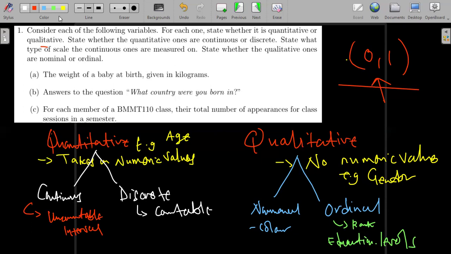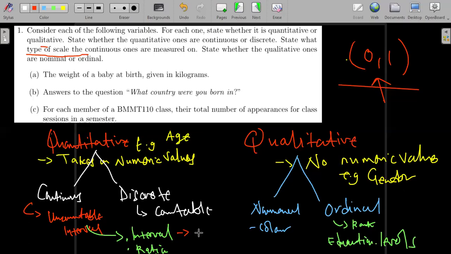And then this continuous one, we can further describe it as an interval variable, or we can describe it as a ratio variable. So this interval and ratio are what we refer to here as the type of scale. When we say interval, we mean a variable that does not have a true 0 point.